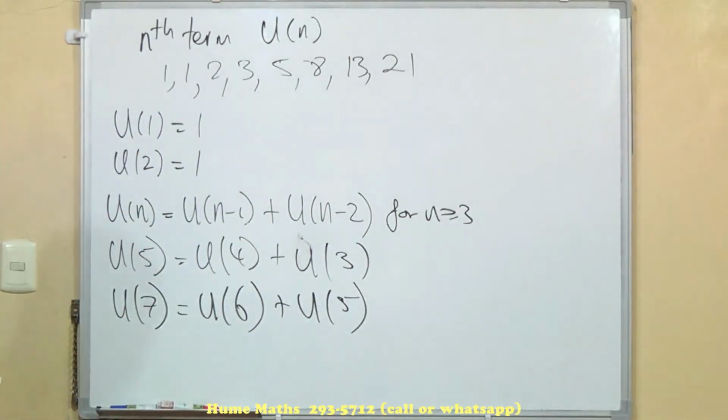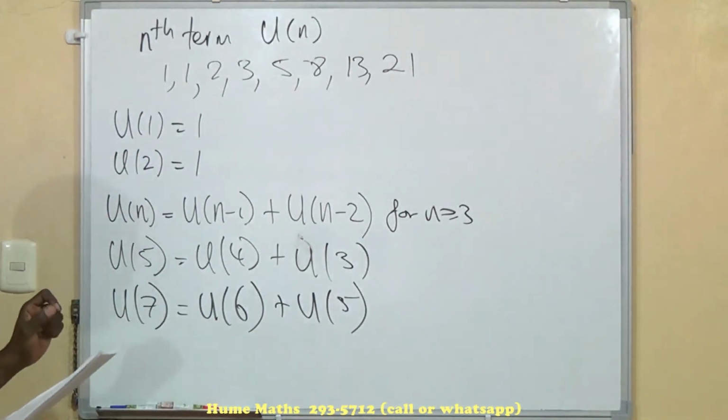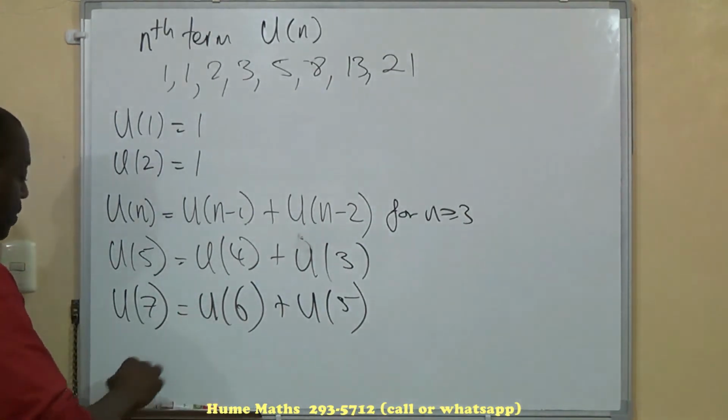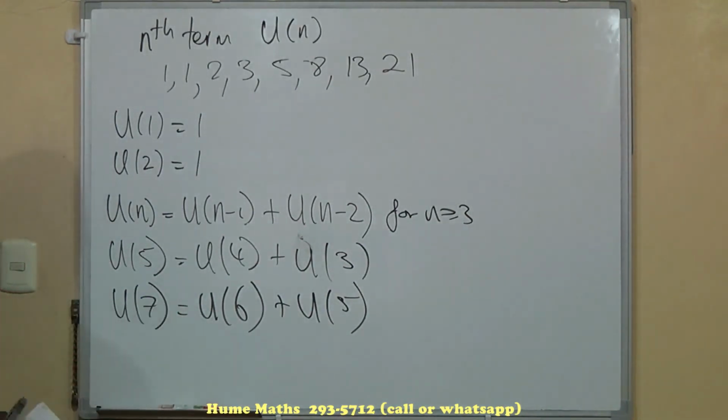So part 1. Write down the next two terms of the sequence. That is U9 and U10. Well, okay, let me finish. So they give you U5, they give you U7. They ask for U9 and they ask for U10.